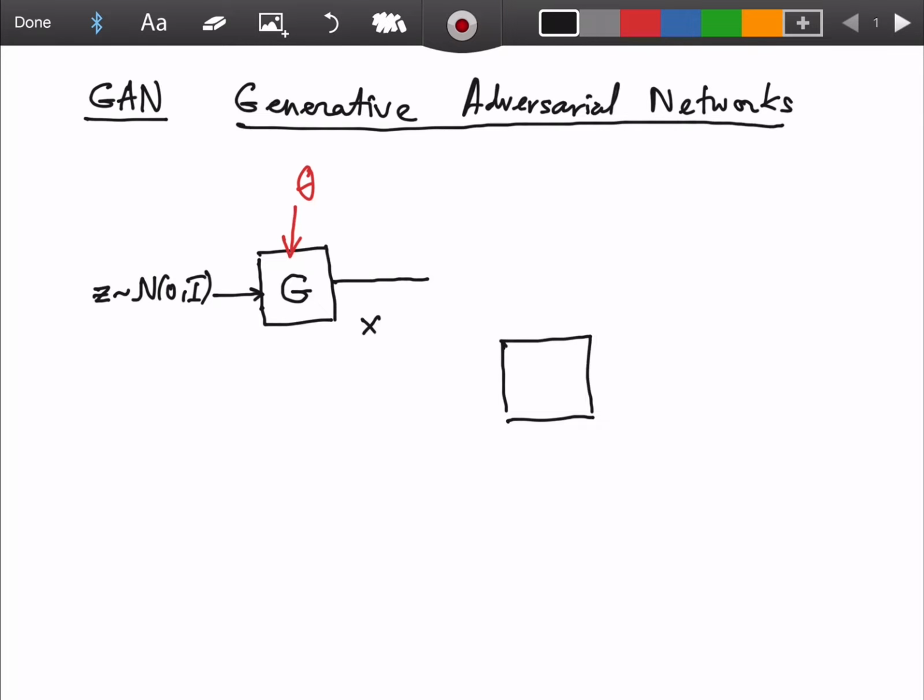So we are going to put here a discriminator, let's denote it by D. This discriminator is fed with this fake data as well as with real instances. So let's denote real instances coming from some distribution, I will denote it by P_D, D standing for data.